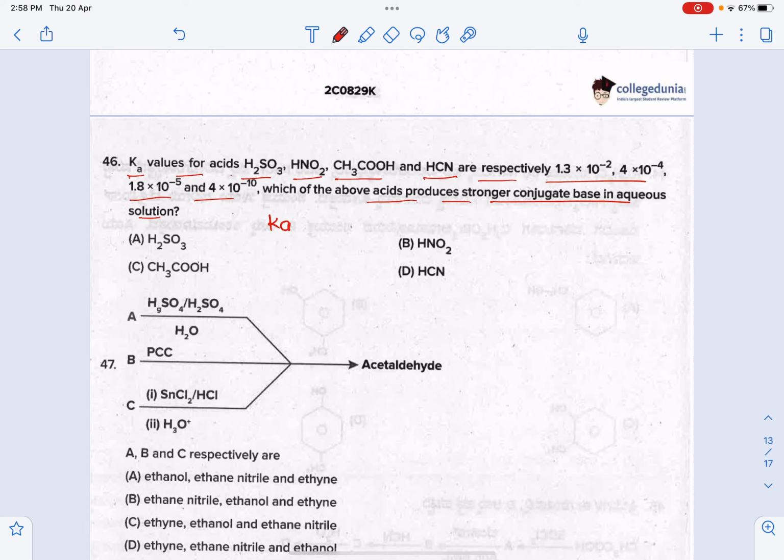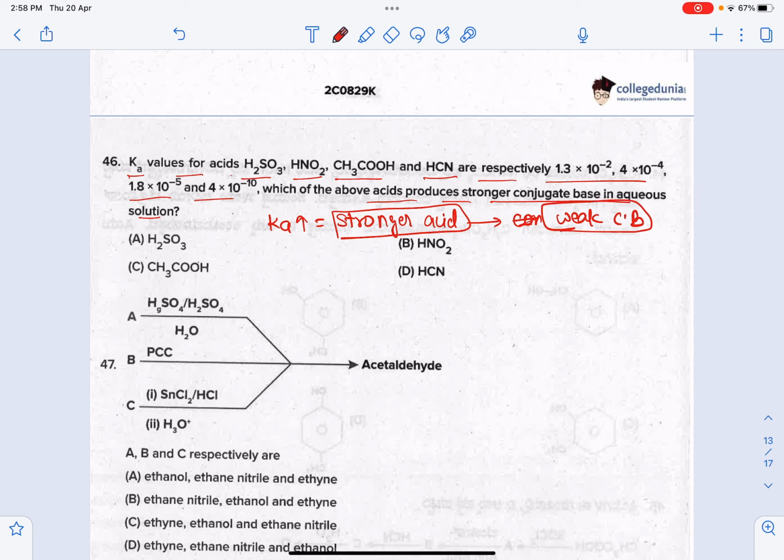As you know, an acid having a higher Ka value is a stronger acid, and stronger acids make weak conjugate bases. That means the acid which is strong will make a weak conjugate base.